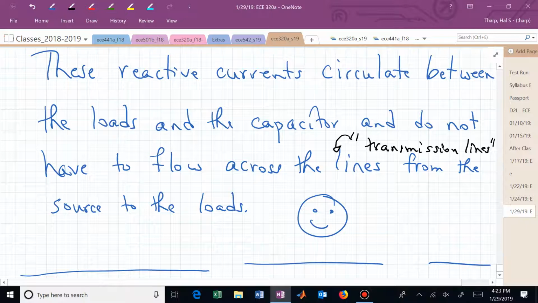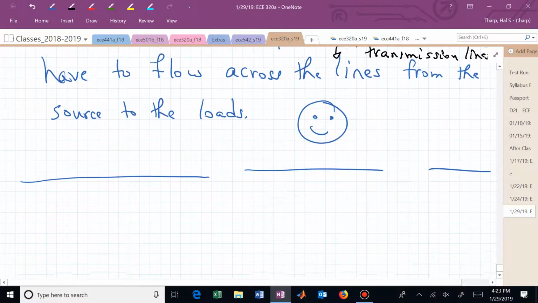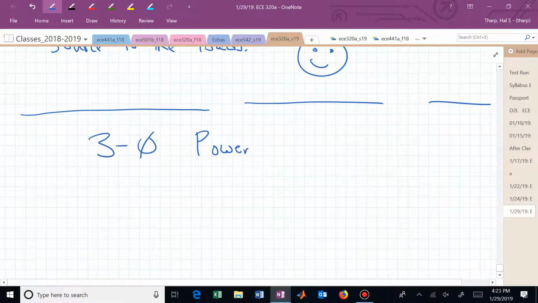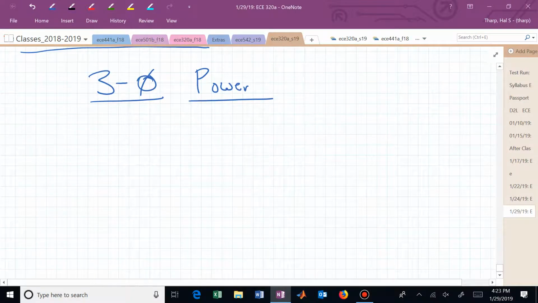Other questions on chapter 10? Then we're moving into chapter 11 because we want to really play with larger quantities of power, and that's what three-phase power allows us to do. We want three-phase power.